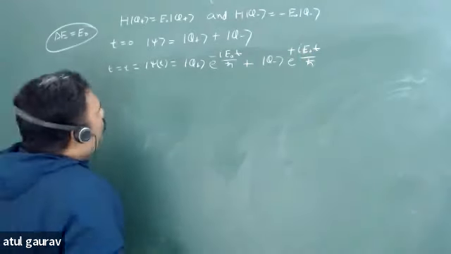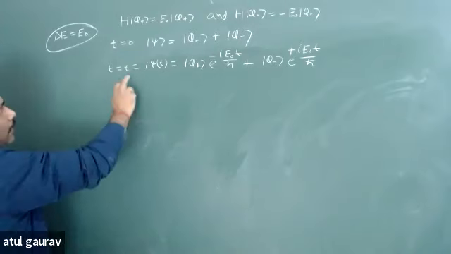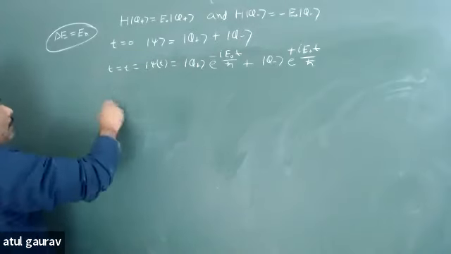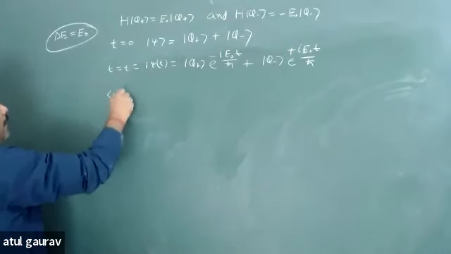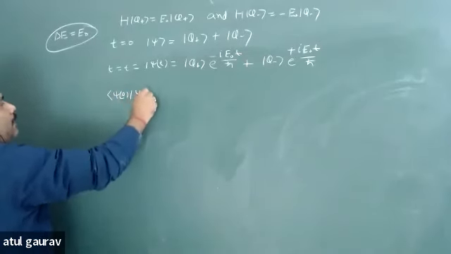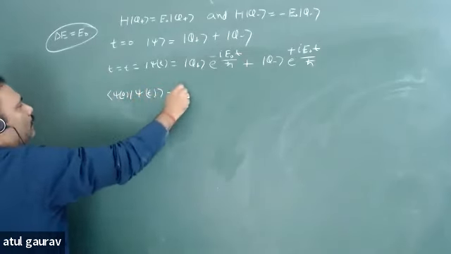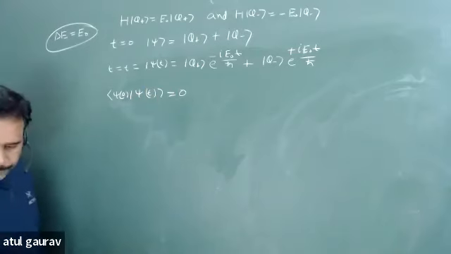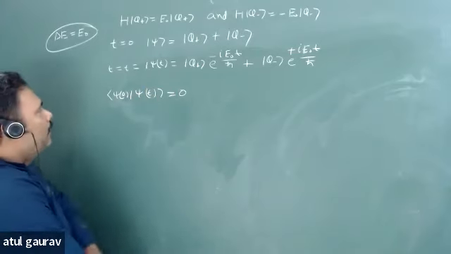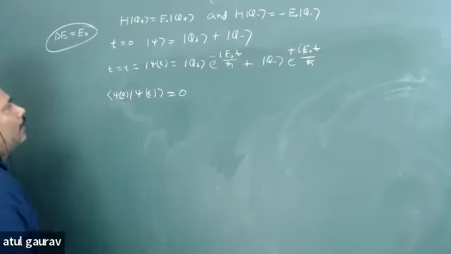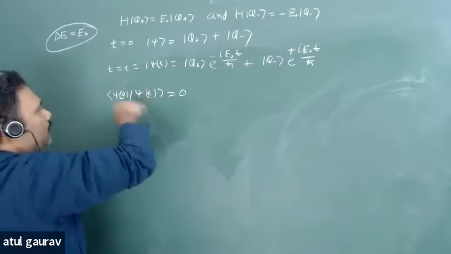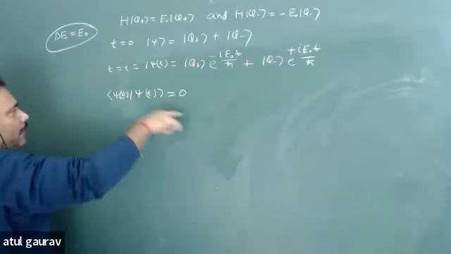So now, after what time t is psi t orthogonal to psi 0? I can write that the overlap of psi 0 with psi t must be equal to what? 0. This is the condition for orthogonality, isn't it? And now, when we go for this, this is nothing but the scalar product, isn't it?